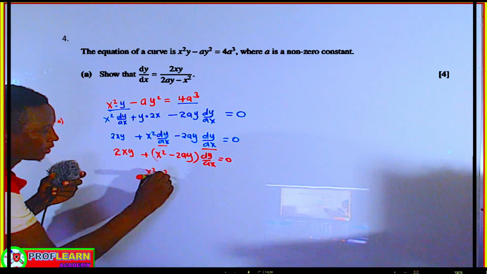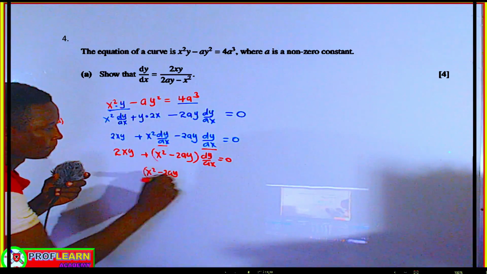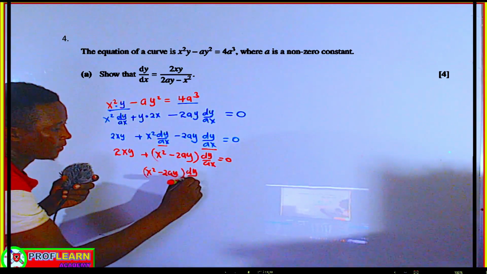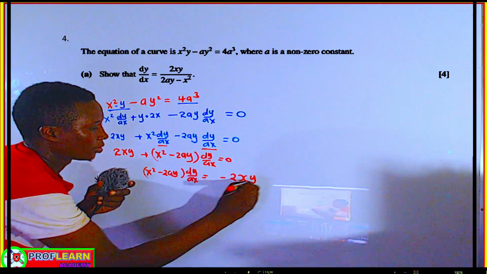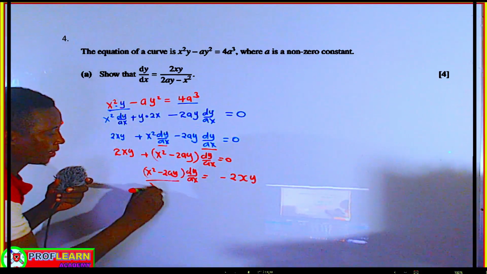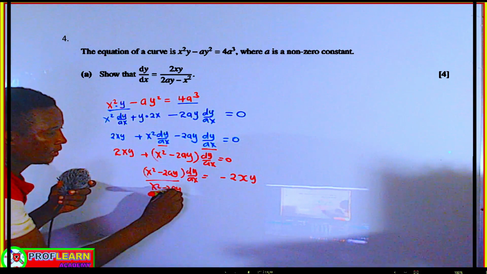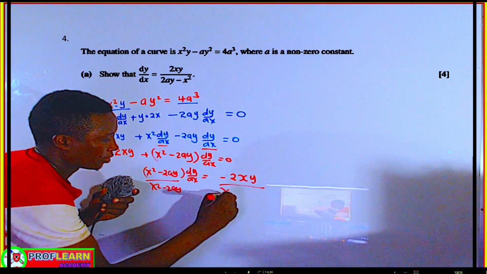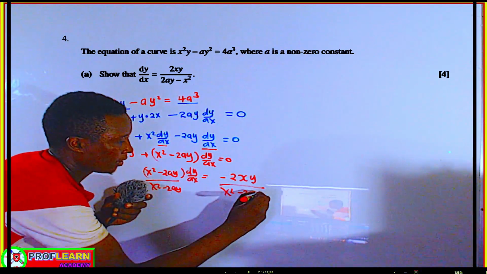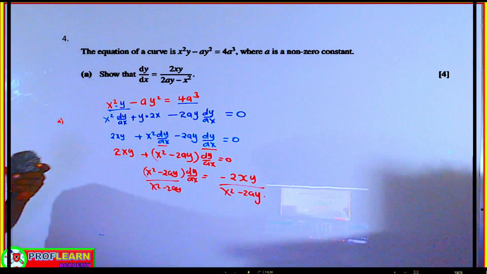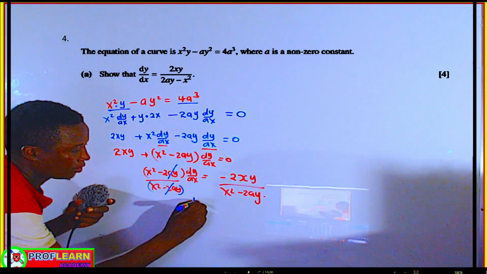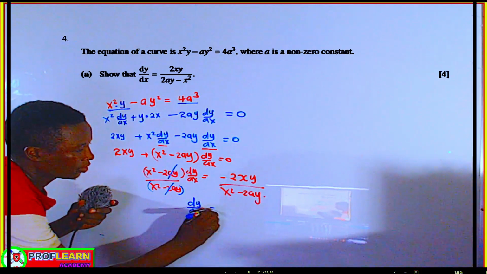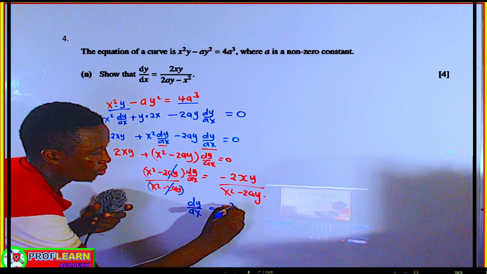Then we divide by x squared minus 2ay, and that part will cancel, and we shall have dy dx equals minus 2xy over x squared minus 2ay.